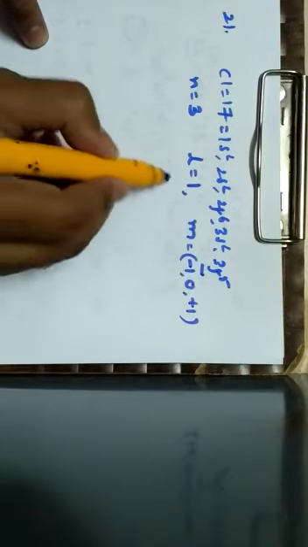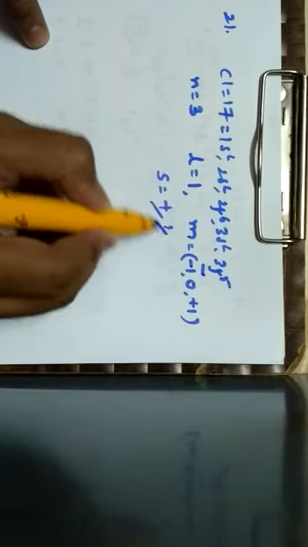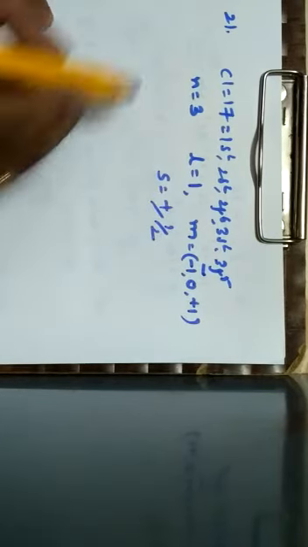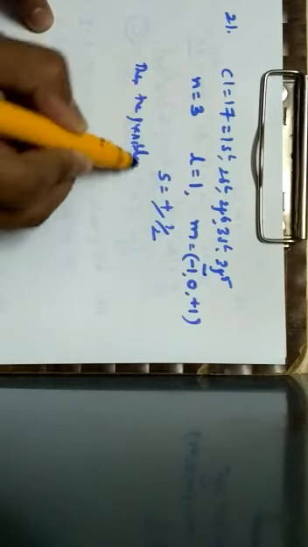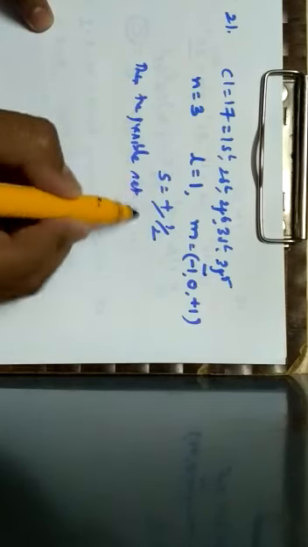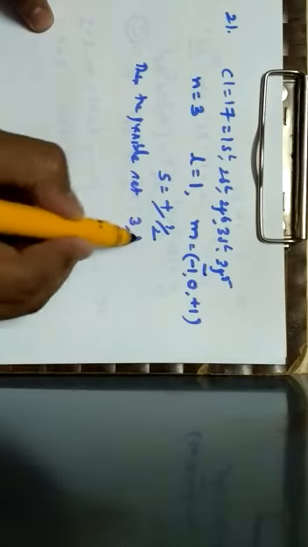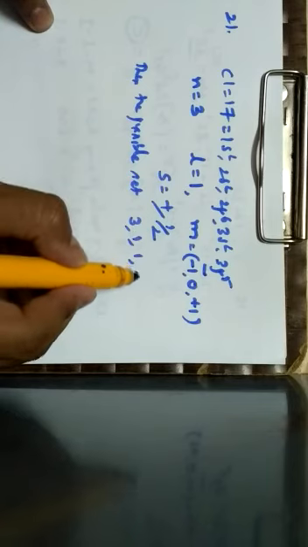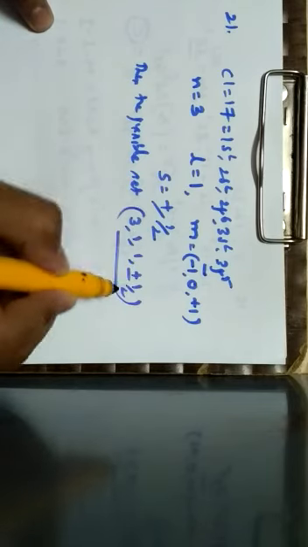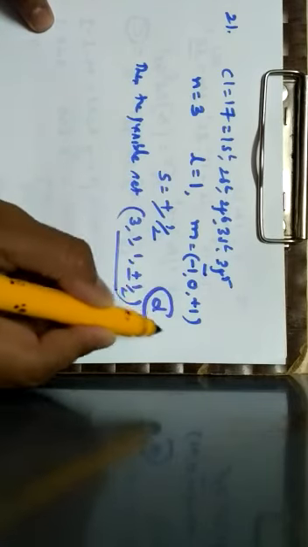In the same way, S can be plus or minus half. So the possible quantum numbers given in the set of the options is 3, 1, 1 along with plus or minus half, which is given by option D.